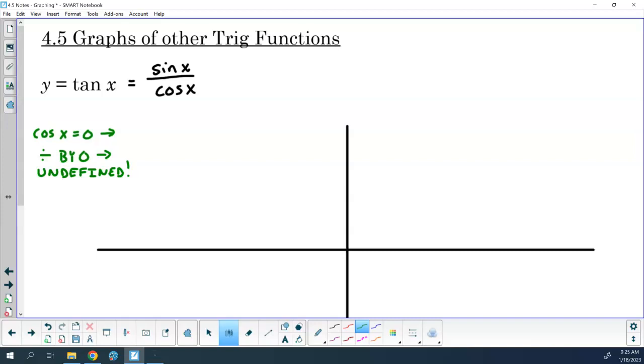Cosine's x, right? So it's at pi over 2 and 3 pi over 2, right? Could it also be negative pi over 2? Yeah? Could it be negative 3 pi over 2? Yeah.